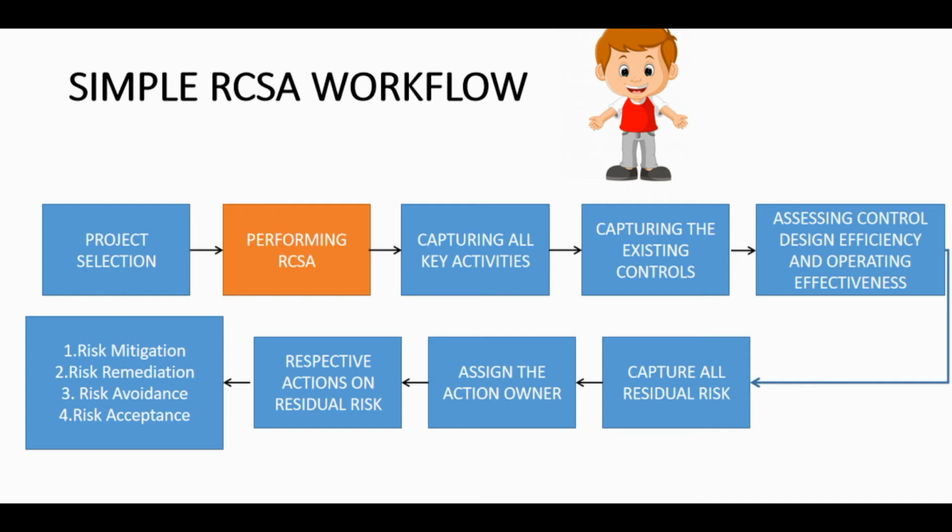Once we have captured all the control information, we need to understand whether we have any more risk associated with our process even after we have the controls implemented to prevent those. So now we have captured both the inherent and the residual risk information along with the controls we have for our projects. Now we need to assign the action owner to all the high and medium risks that we have identified using this RCSA framework.